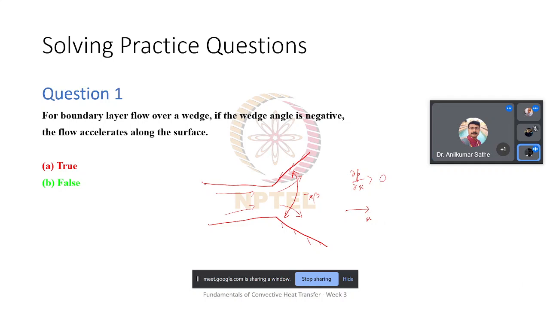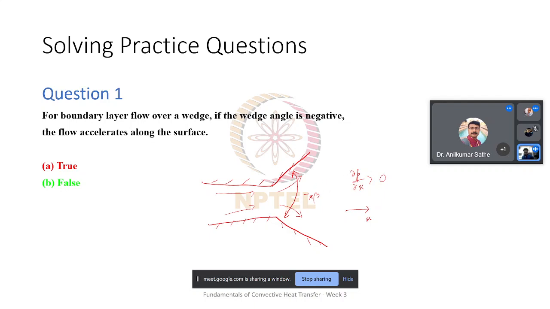So I'll repeat the explanation once again. If it's a negative wedge angle, the flow would be through something like this, something like a diffuser. So the area of flow would increase, and as a result there would be a deceleration of the flow. There would be a positive pressure gradient, an adverse pressure gradient, so to say.